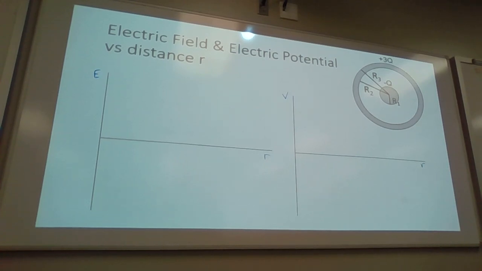Oh boy. E is for electric potential. Yep. V is for volume of electric field. That's so weird. Yeah, that really is.